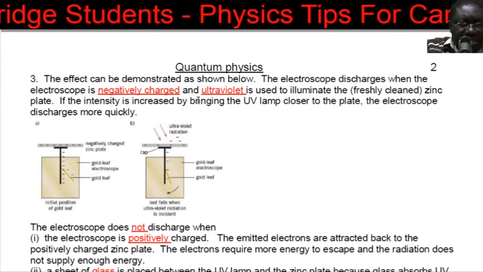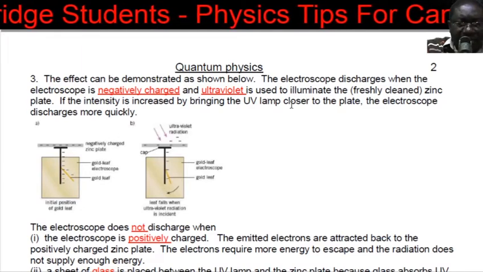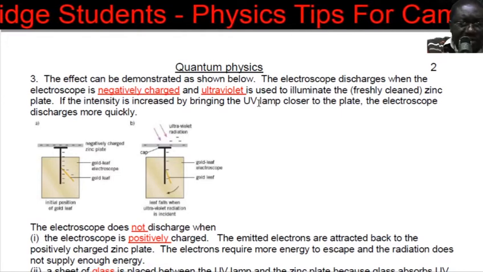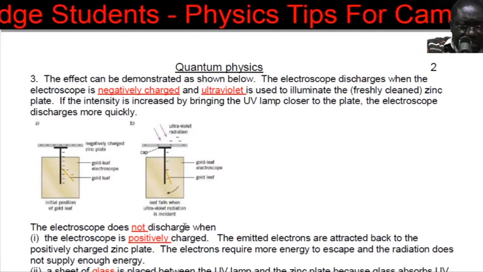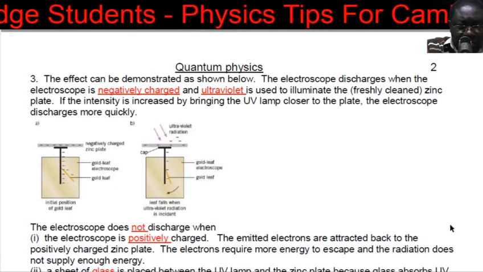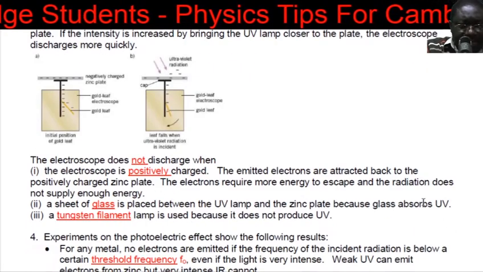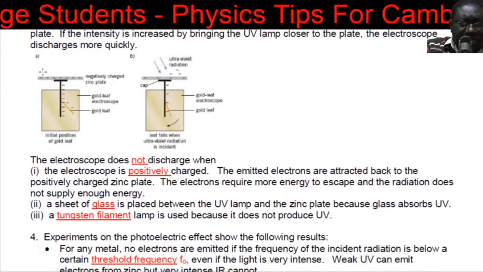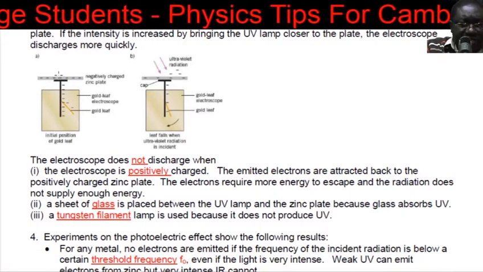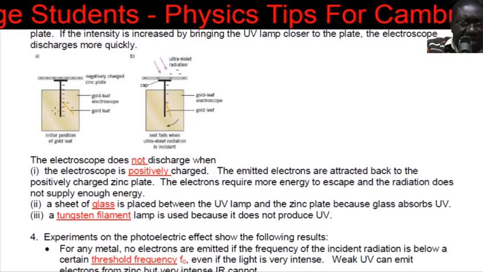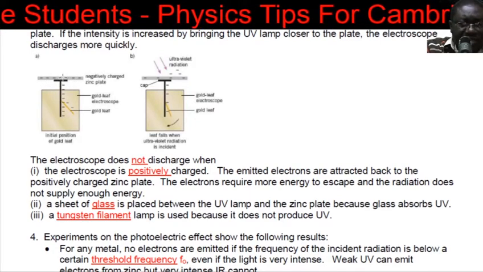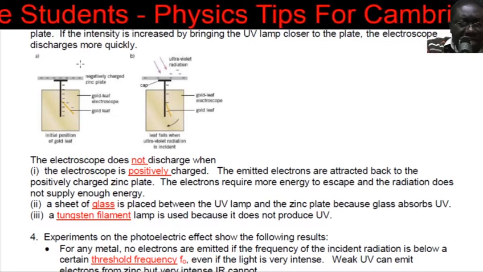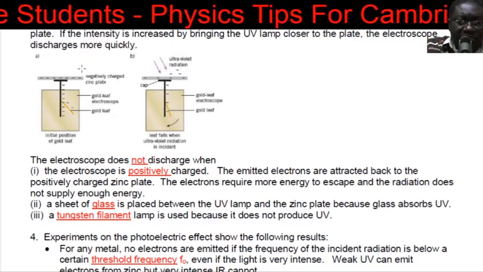If the intensity is increased by bringing the ultraviolet lamp closer to the plate, the electroscope discharges more quickly. The electroscope does not discharge when it is positively charged. So you won't have anything leaving the surface if it has been charged positive. Only when it is charged negative, it means we are losing some negatively charged particles from the surface.